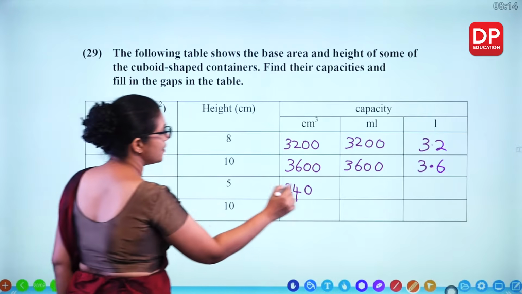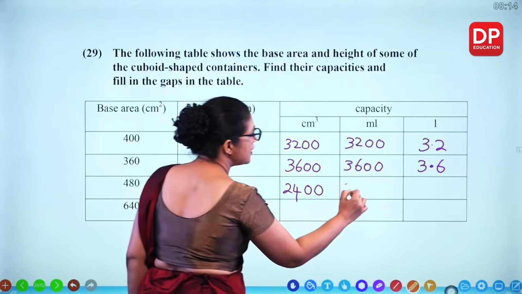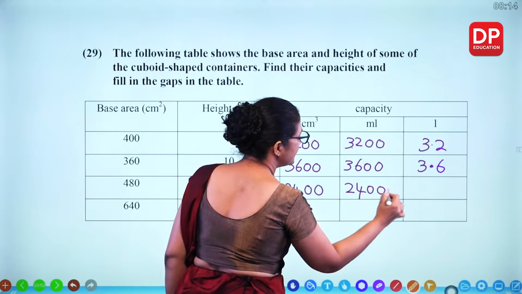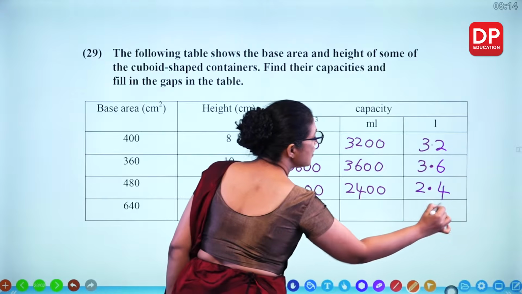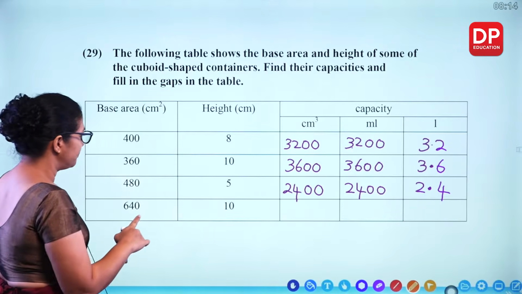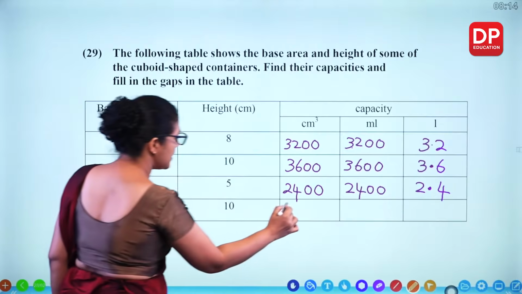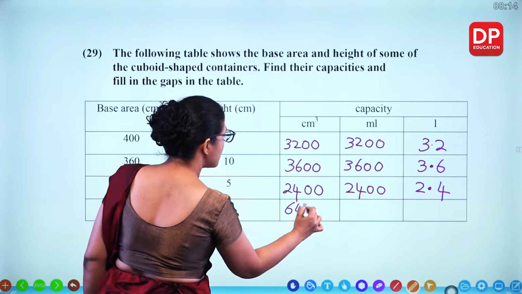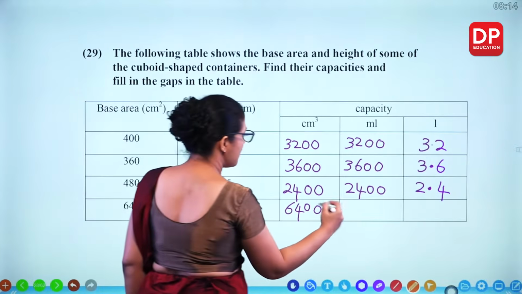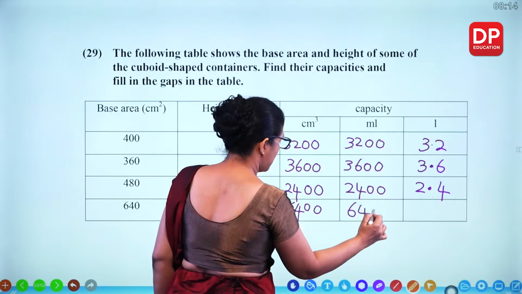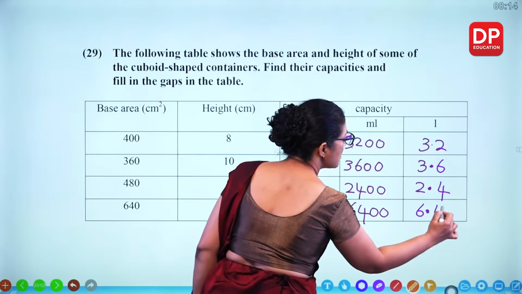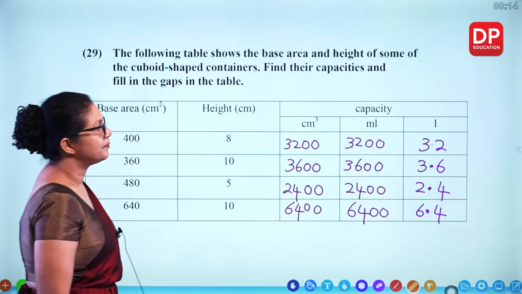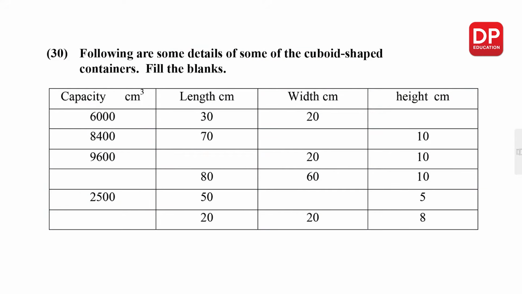And put 1 zero. So you get the same value. Divide by 1000, 2.4. This one multiply by 10, 6400. Divide by 1000, you get the liter value, 6.4 liters.